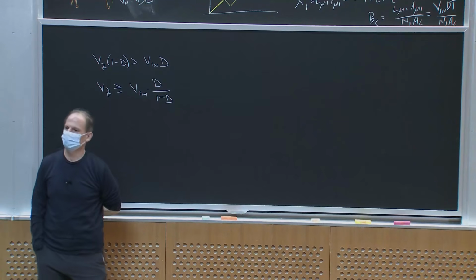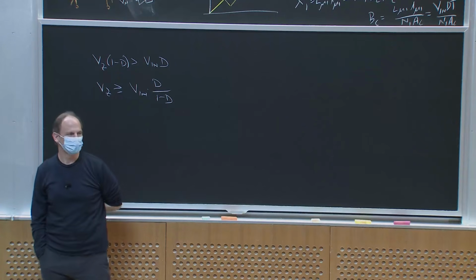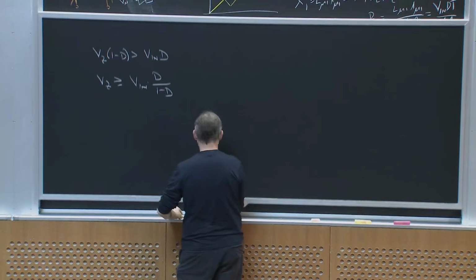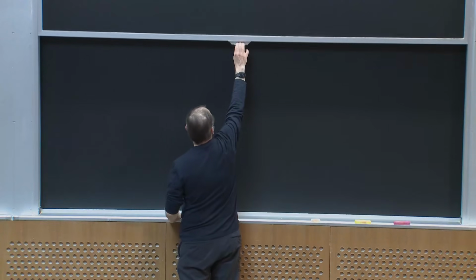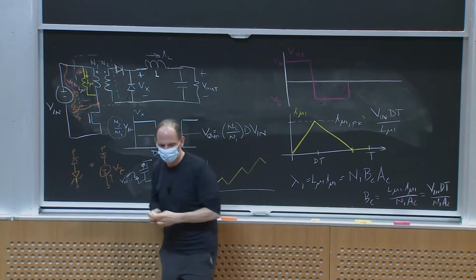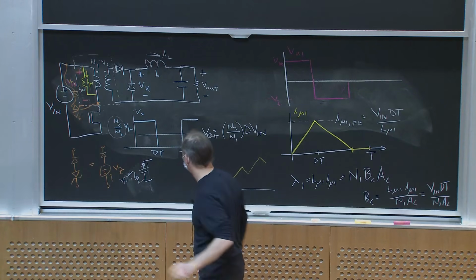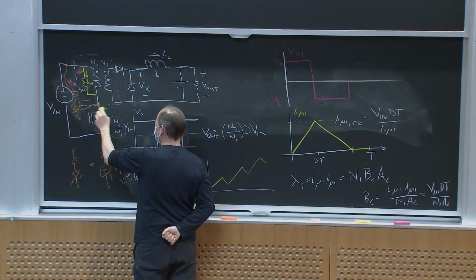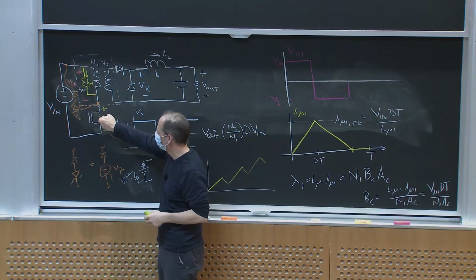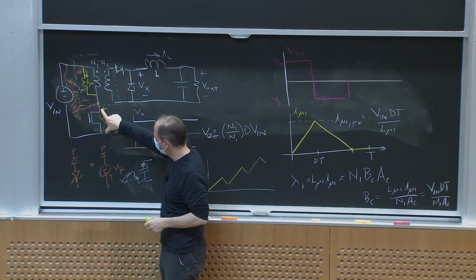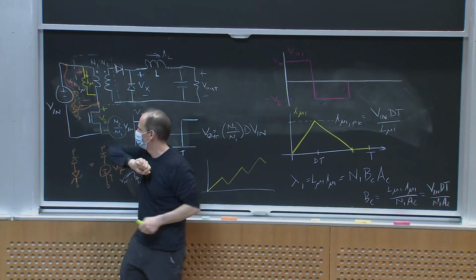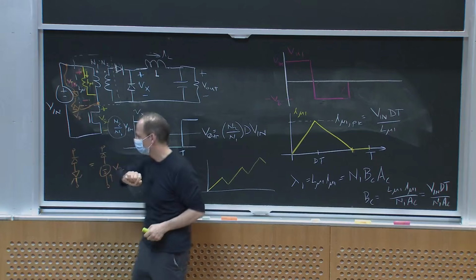So what does that say about what happens to the switch in this circuit? If I look at the circuit, when the switch is on, V switch is 0 volts. When the switch is off and the Zener is conducting, it has Vin plus Vz across it.